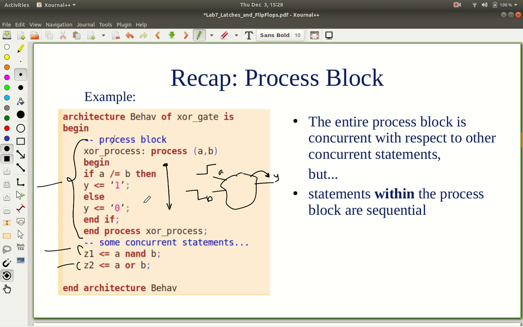It's possible that a signal S appears inside the process block, but it is not in the sensitivity list. What does that mean? It means that if the value of S changes, it may or may not trigger this process. But if A or B changes and this process is triggered, then at that point of time, the value of S is read and used.